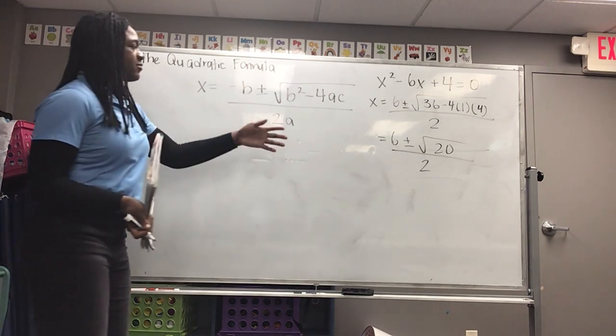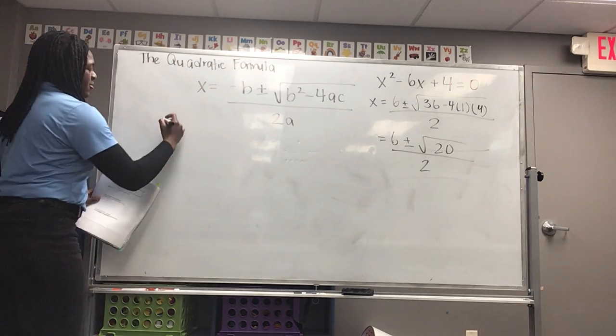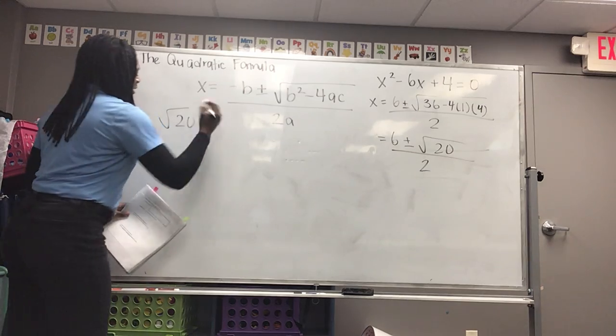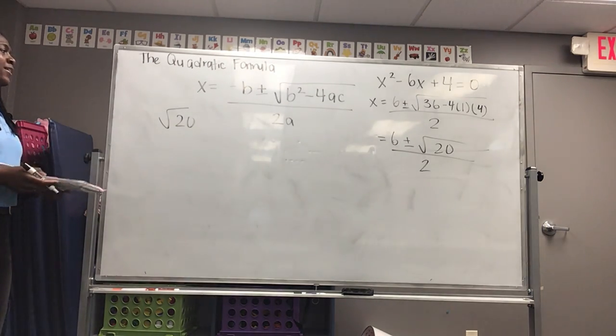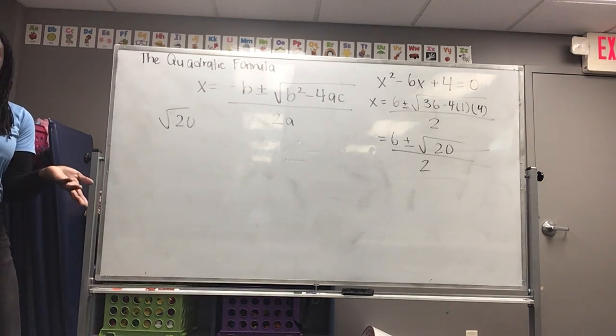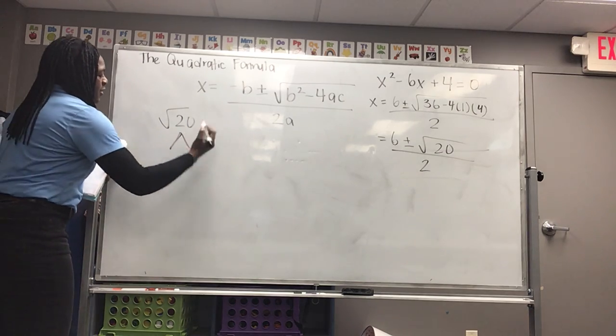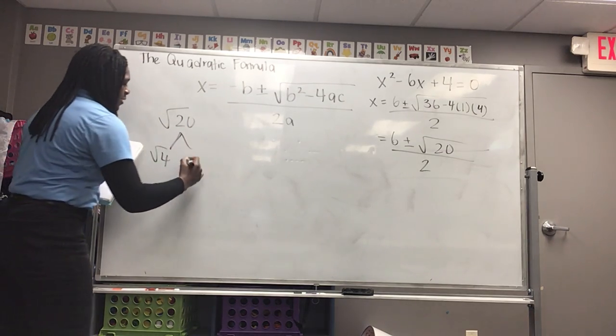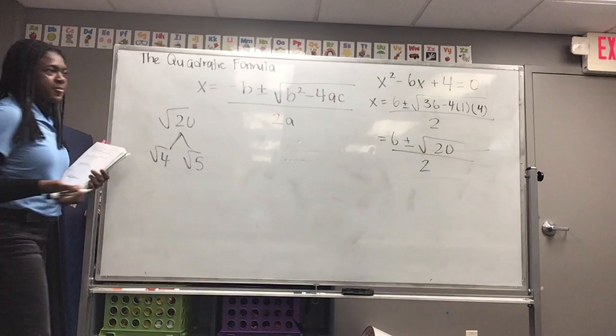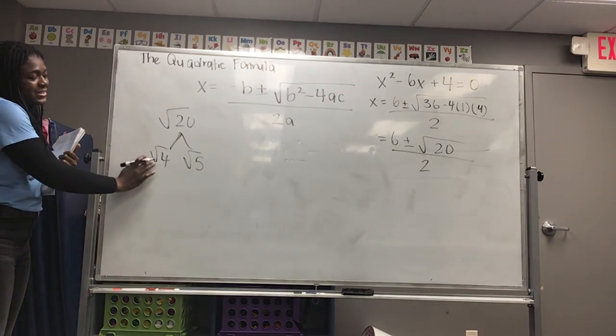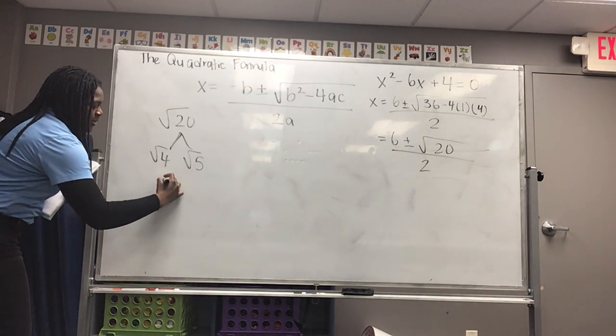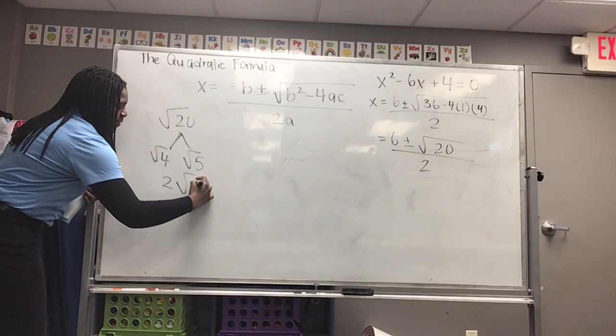Let's say I have the square root of 20. Even though it's not a perfect square, there is a perfect square that goes into it. I could break it apart into square root of 4 and square root of 5. So square root of 20 actually simplifies down into 2 square root of 5.